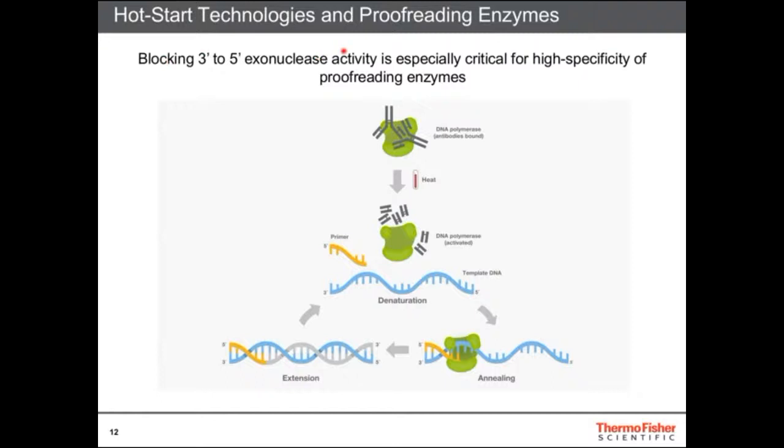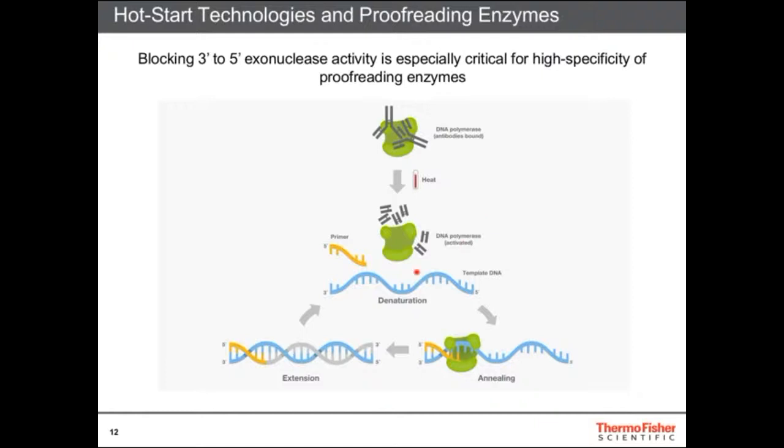Another concern that people have when doing any kind of PCR, especially with high fidelity enzymes, is the 3' to 5' exonuclease activity being active prior to initial heat denaturation in our PCR reaction. So we used the same methodology that we used to create our hot start enzymes, and we developed an antibody that bound the 3' to 5' exo activity until you do a 15-second denaturation prior to your initial round of PCR.